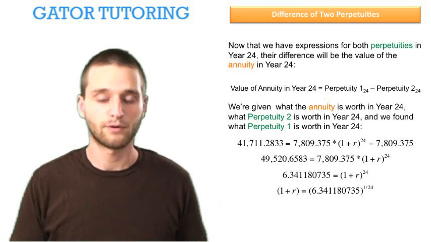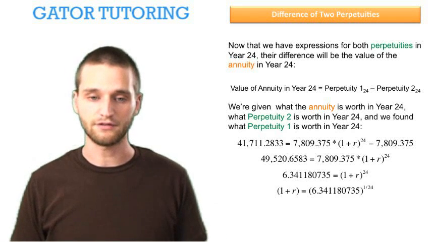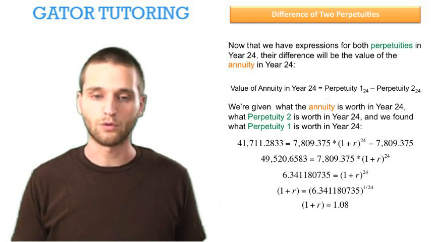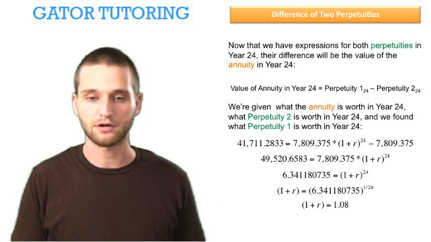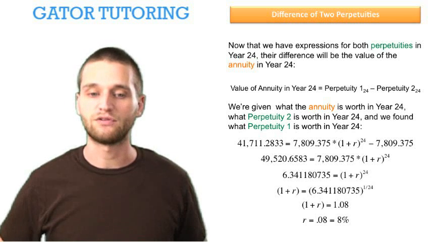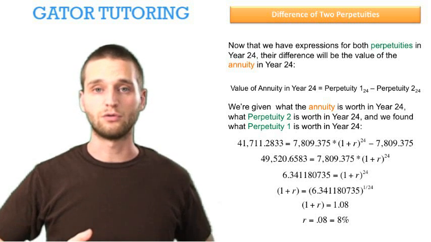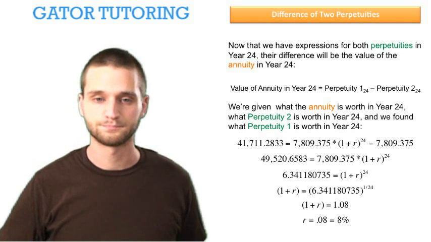It gets rid of the exponent on the side with the 1 plus r, and we just have to evaluate it on the other side. 6.341180735 raised to the 1 over 24th power is 1.08. Last thing we have to do is just subtract the 1, and we see that the interest rate that's used to find the value of these two perpetuities must have been 8%.